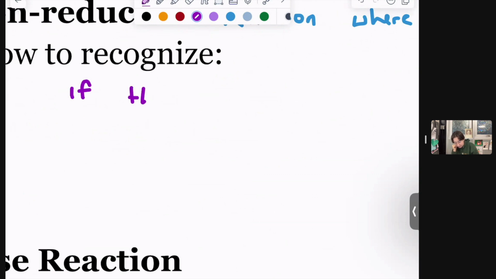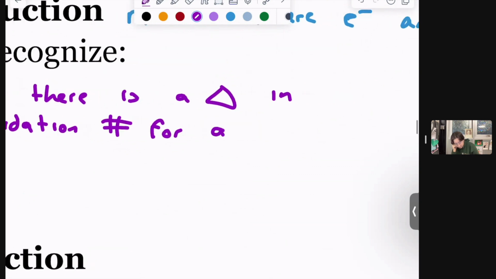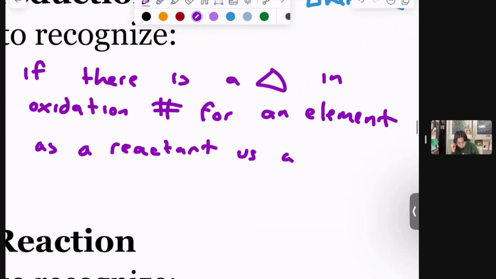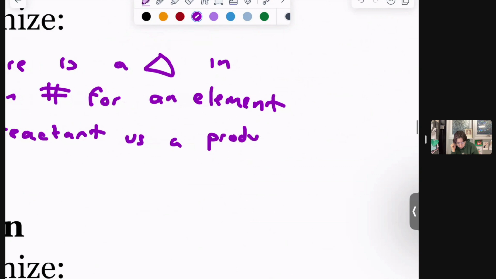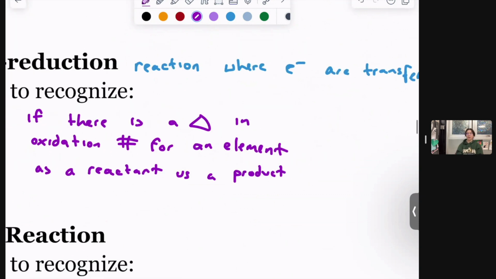And if there is a change in oxidation number for an element as part of the reaction, as a reactant versus a product, that's what you're going to be looking for.